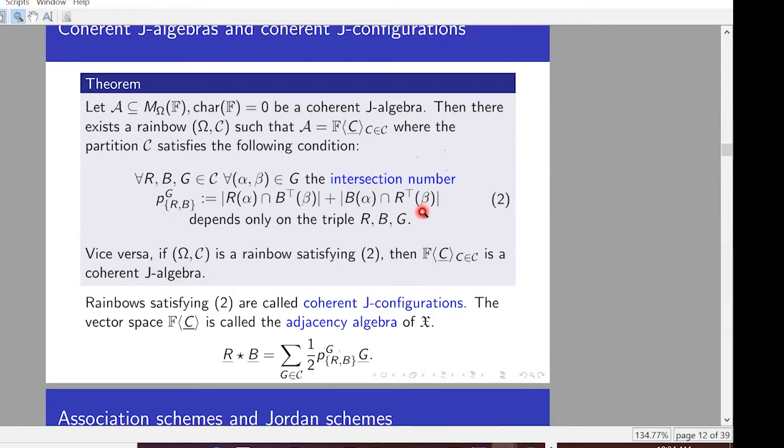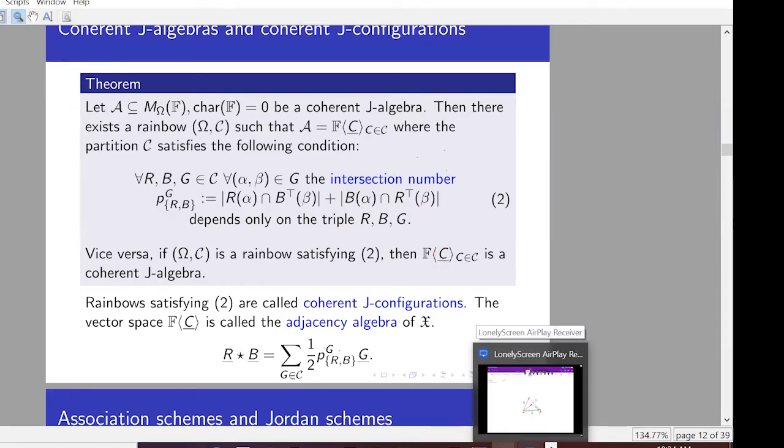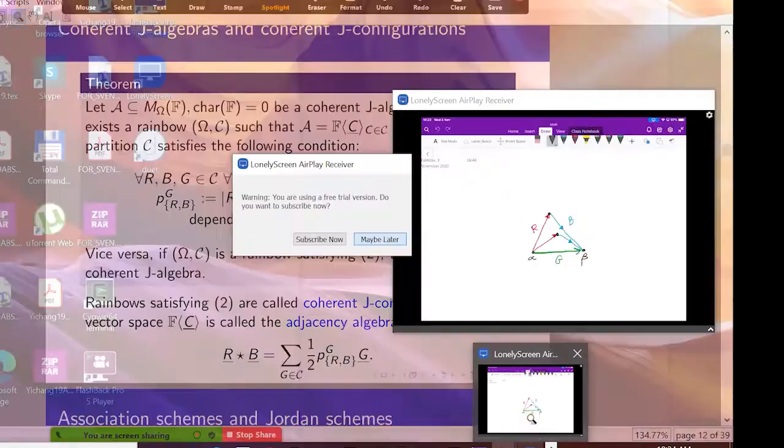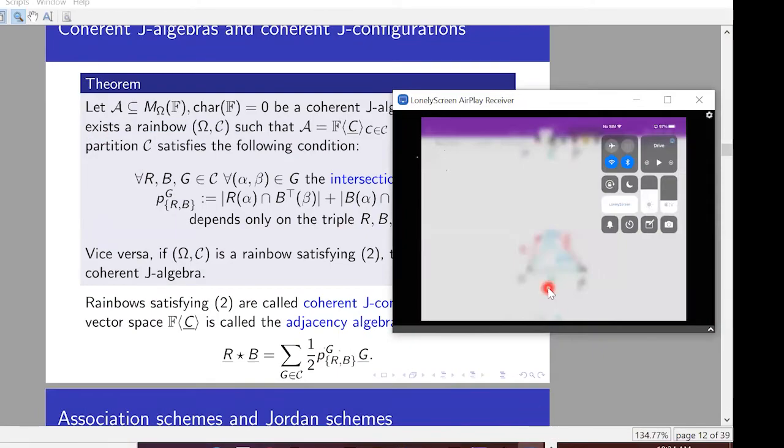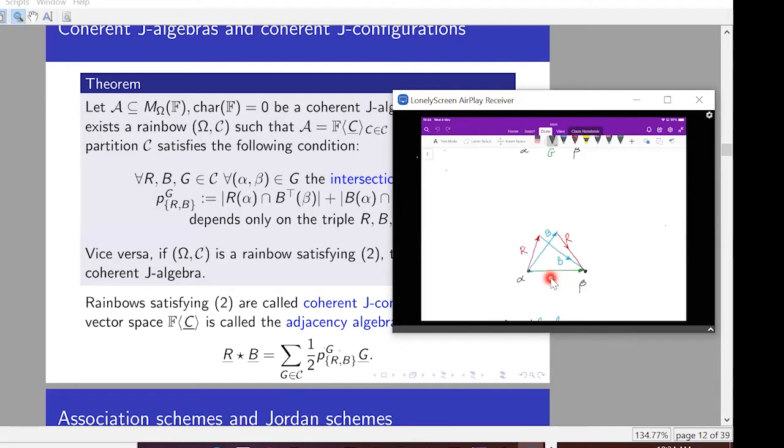But here we count the two steps. One of them is red and the second of them is blue, but not necessarily in the same order.